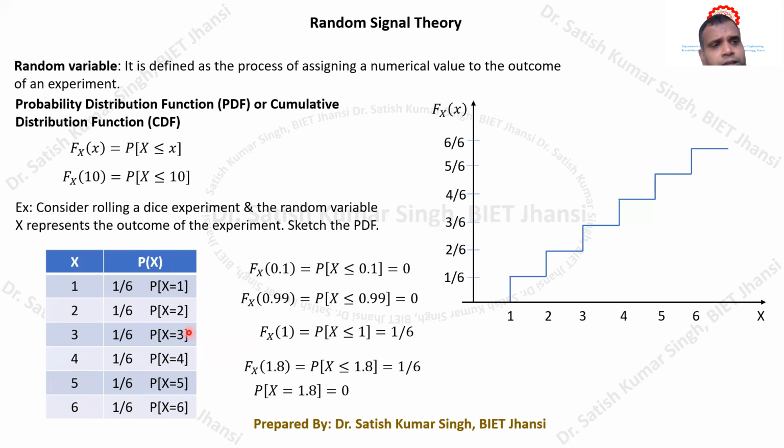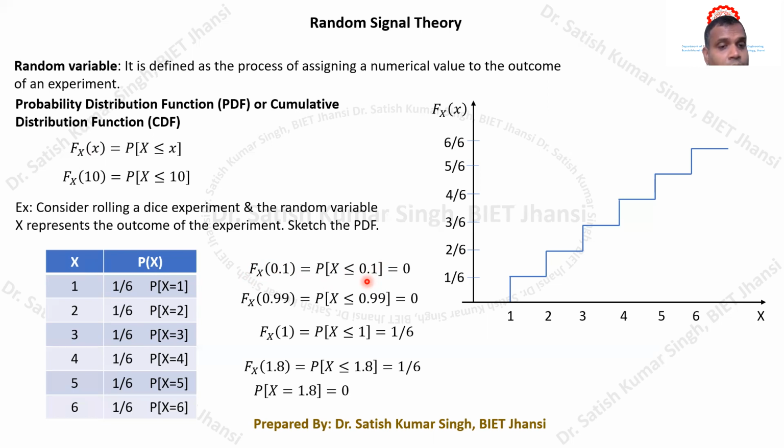Now you try to see this probability distribution function. Let us suppose we write the distribution function F of x in brackets 0.1. Its meaning is: what is the probability that the random variable x takes values less than or equal to 0.1? You try to understand that in this experiment, the random variable is a discrete variable, because the possible outputs are 1, 2, 3, 4, 5, 6.